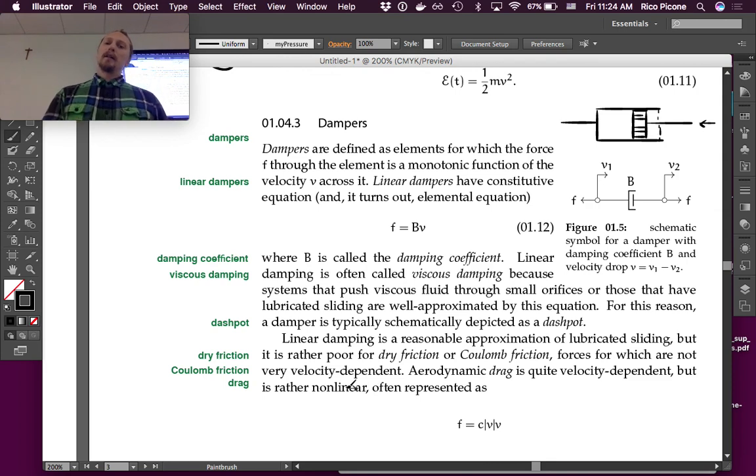Linear damping is a reasonable approximation of lubricated sliding, but not a very good approximation of dry friction or Coulomb friction. Those types of dry sliding are not well approximated as the force being proportional to the velocity.